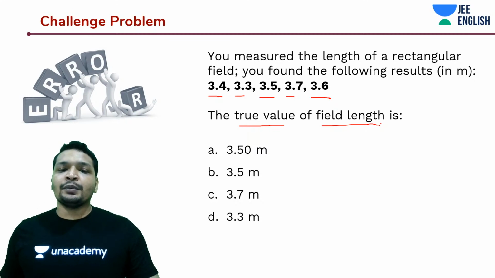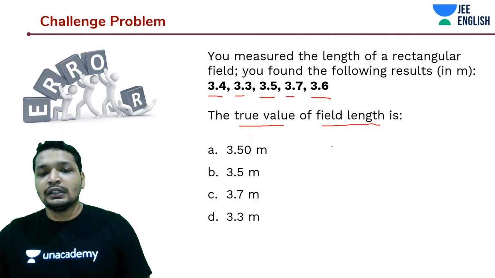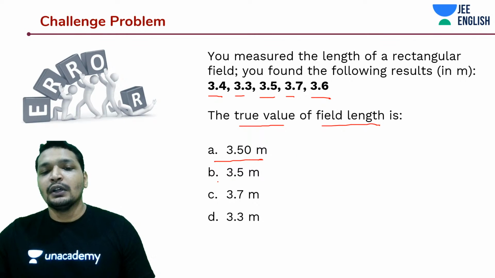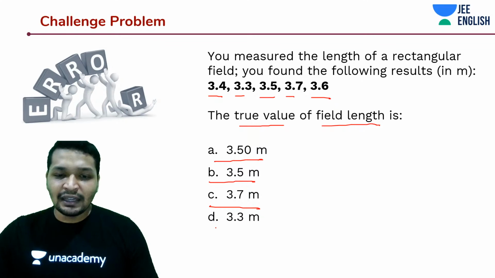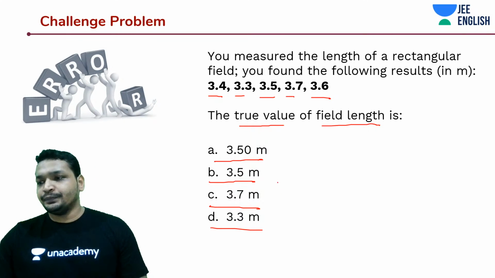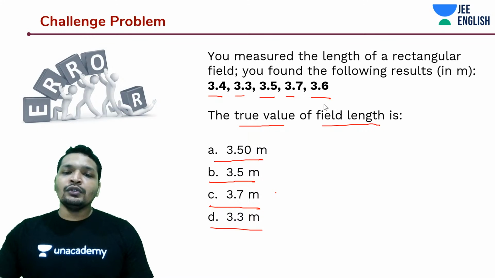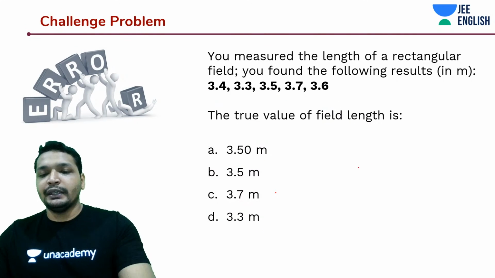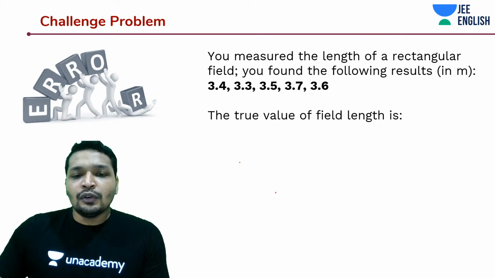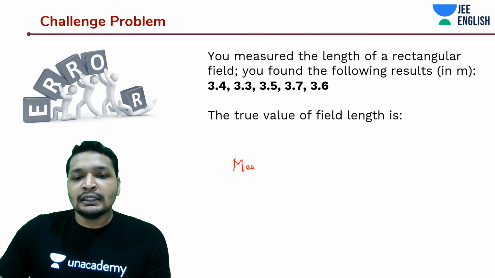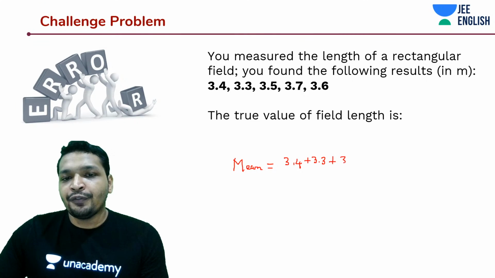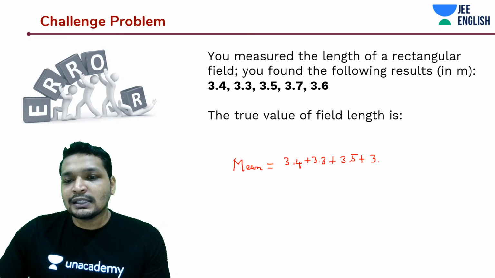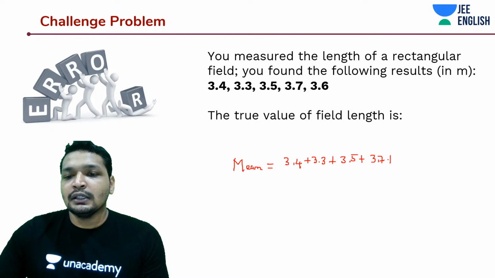Do notice the options you have been given: option A 3.50, option B 3.5, option C 3.7, option D 3.3. First of all, you know what to do. You need to take the mean. So I'm going to calculate the mean, and that's going to be 3.4 plus 3.3 plus 3.5 plus 3.7 plus 3.6.